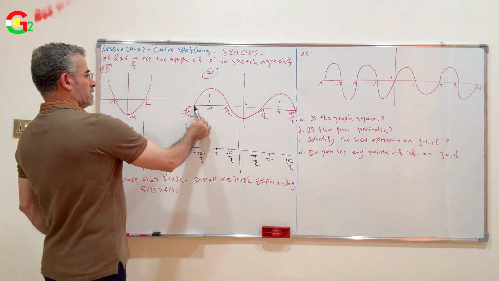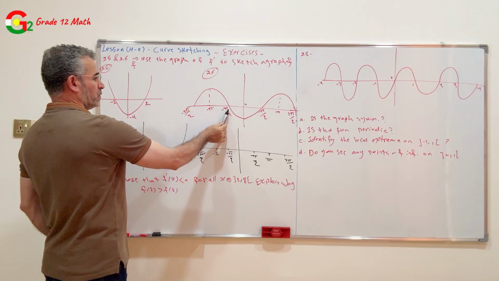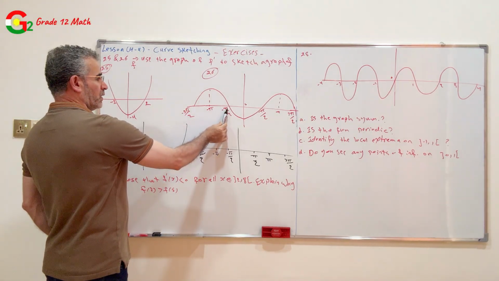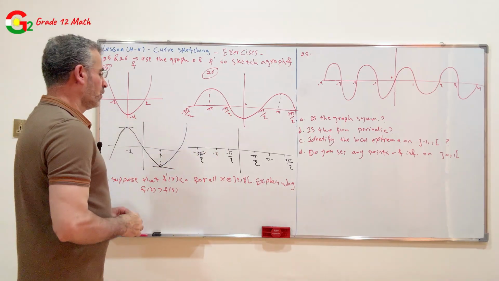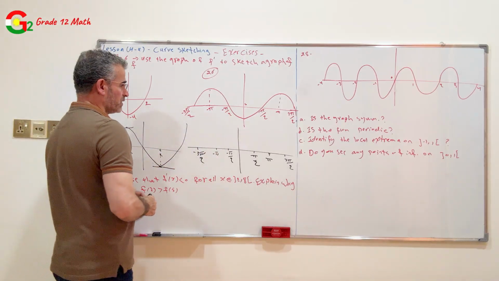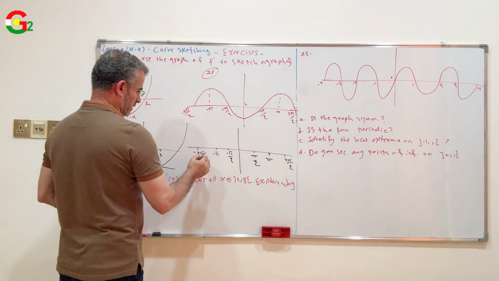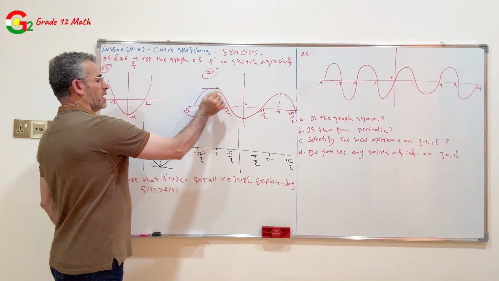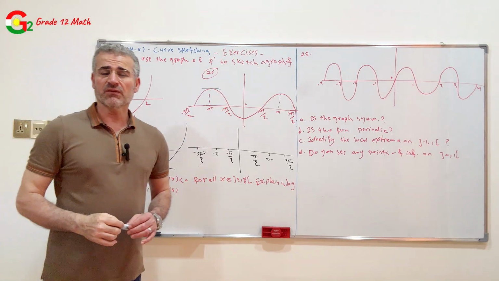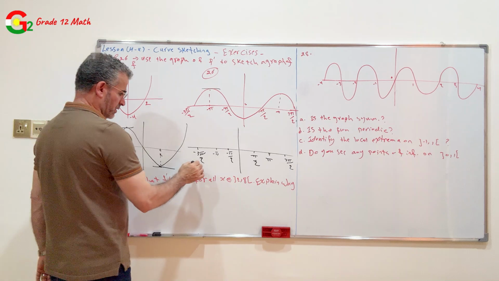The graph of the derivative is over the x-axis from negative 3 pi over 2 to negative pi over 2. Therefore, the function is increasing on this interval. Also, the function has a horizontal tangent line at negative pi. Therefore, negative pi is an inflection point for this function.